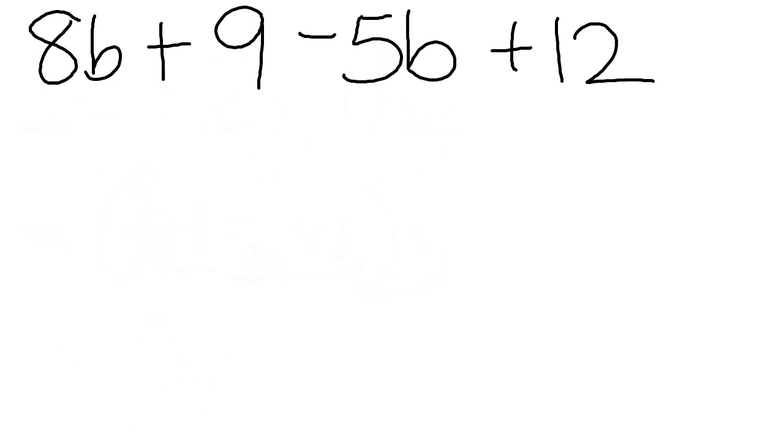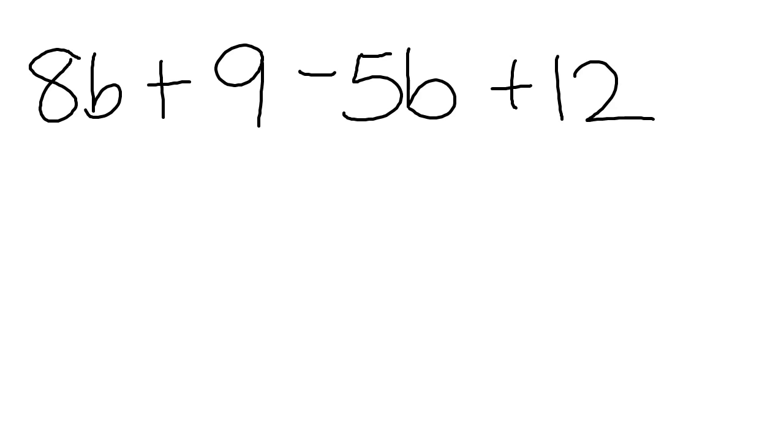If we look at another question, just like the one before, but with more terms this time, here we have two different like terms. We can recognize that this term here and this term here both have the same variable b.